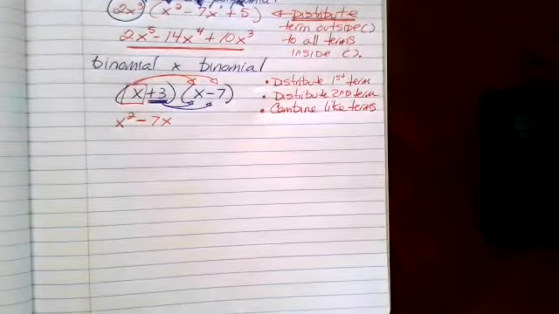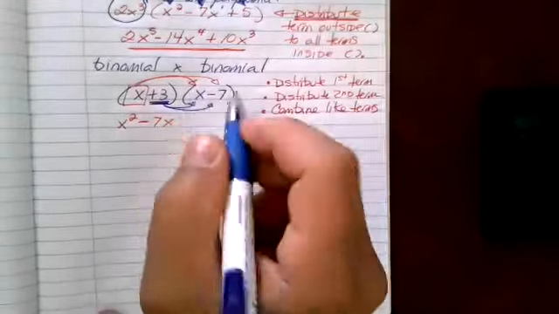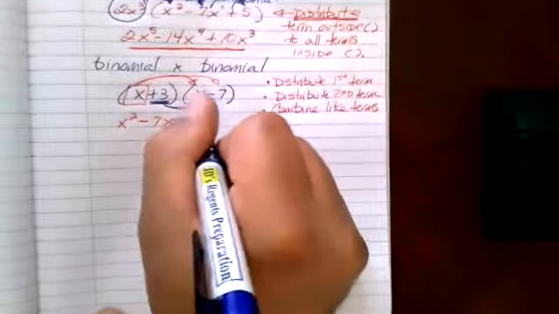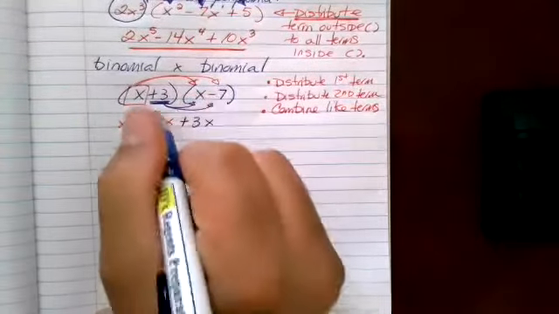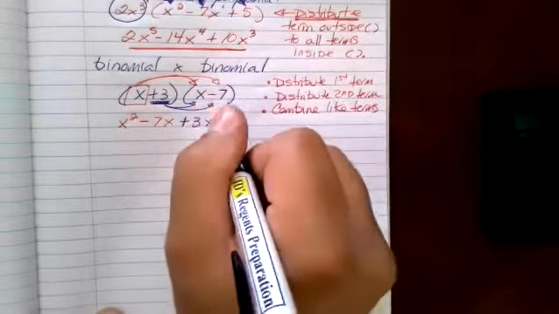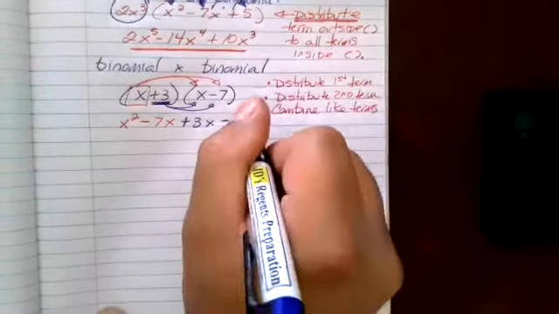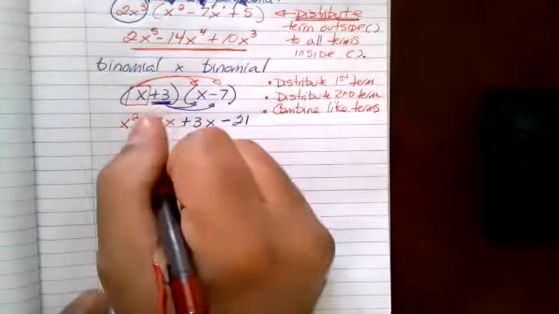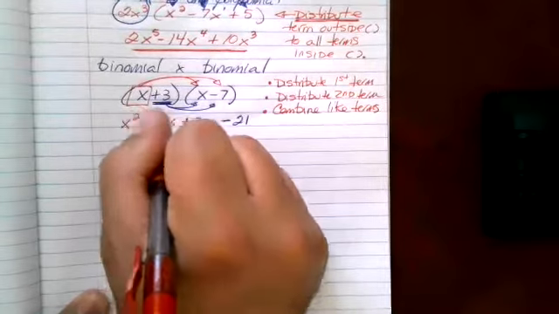I distribute the first term. Now I distribute my second term. Positive 3 times x gives me a positive 3x. And a positive 3 times negative 7 gives me negative 21. Now I can combine my like terms. These are like terms.